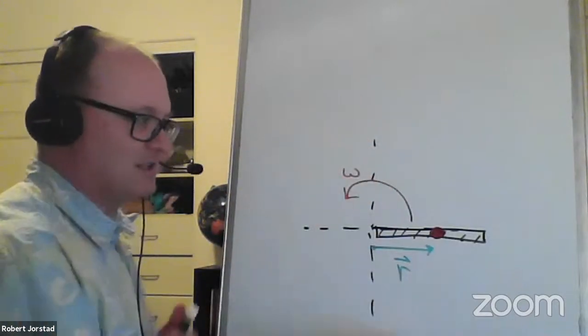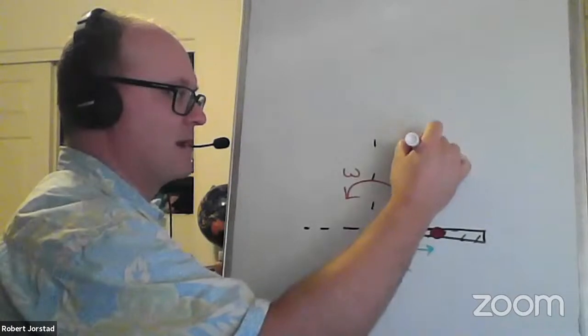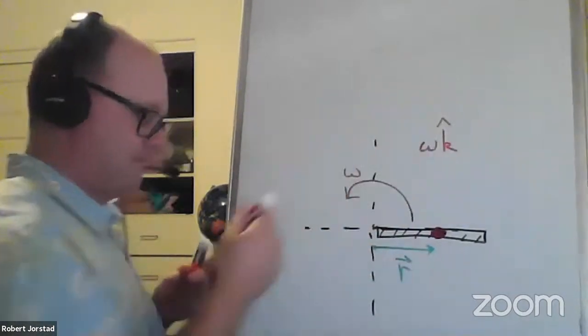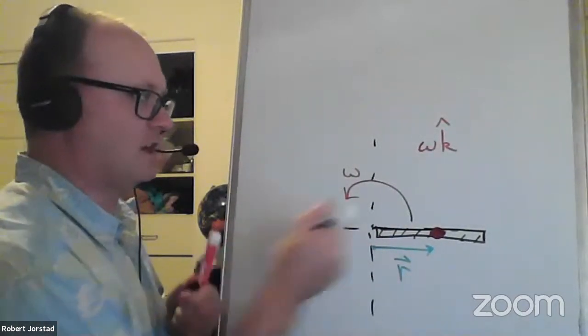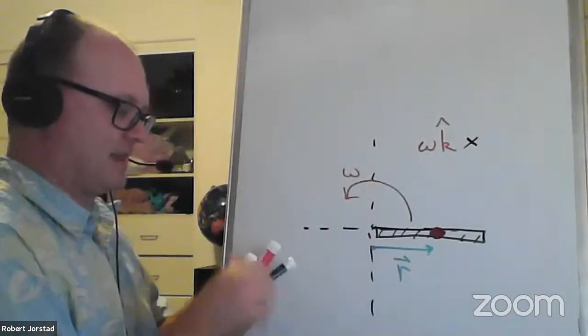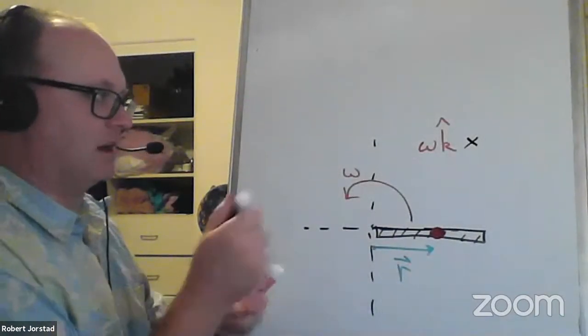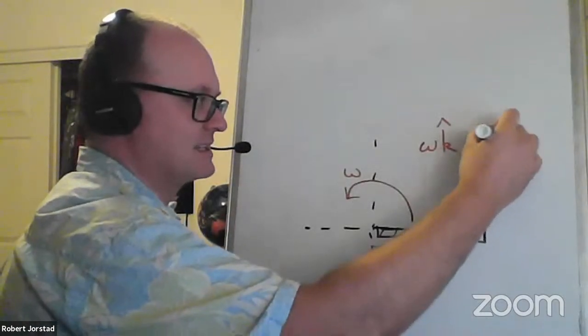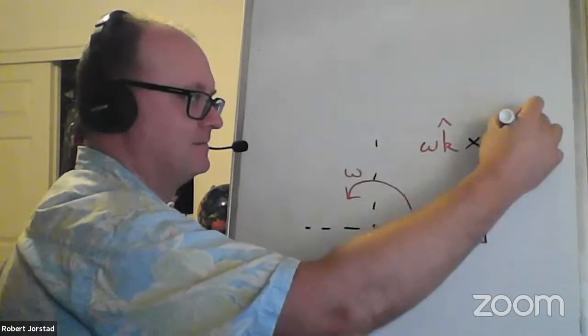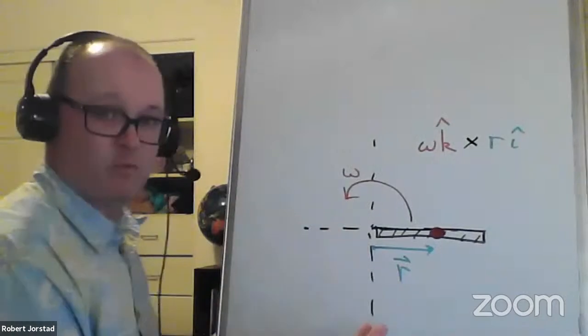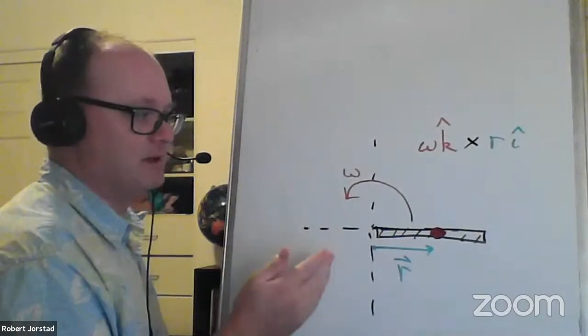So again, this looks a little bit funny, but remember we have omega in the k-hat crossed with, in this case, bug R, or basically some distance in the i-hat for this one particular case, right?